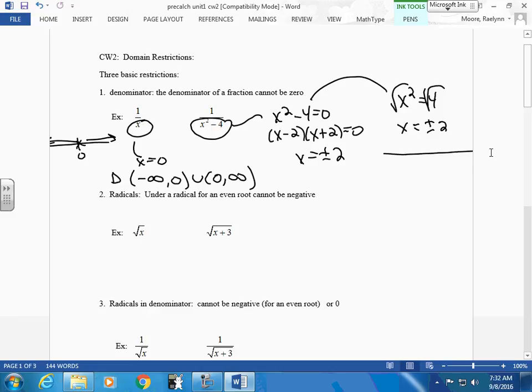Now, these are the guys we have to remove from our allowable domain here, from our regular domain. And what's left is all the pieces we need to use for our restricted domain. So we're going to use negative infinity to negative 2. We're going to jump over negative 2, go to 2, 2. We're going to jump over that, and then 2 to infinity.